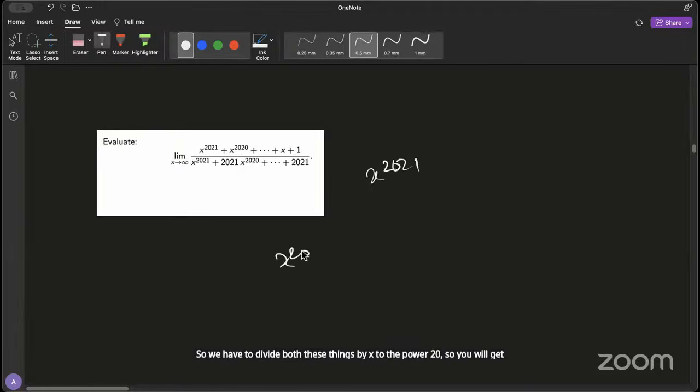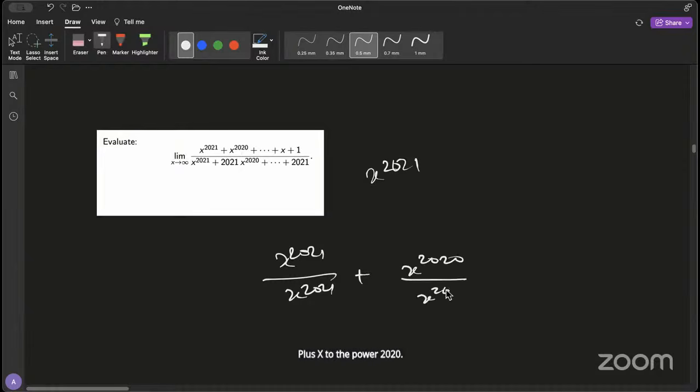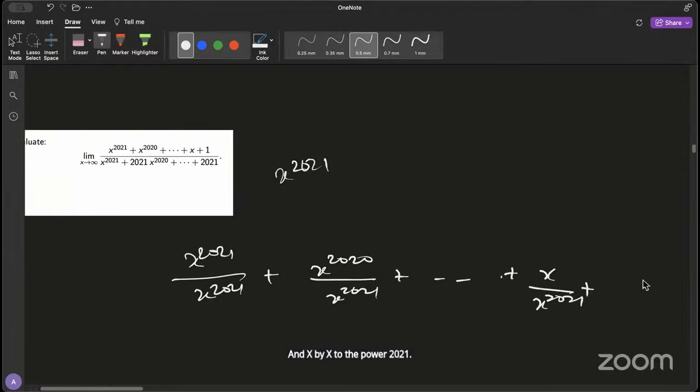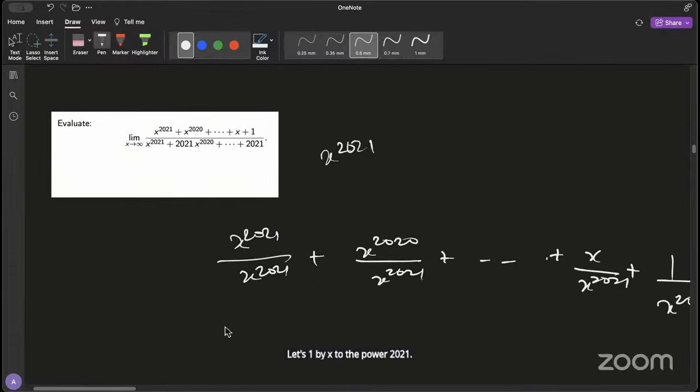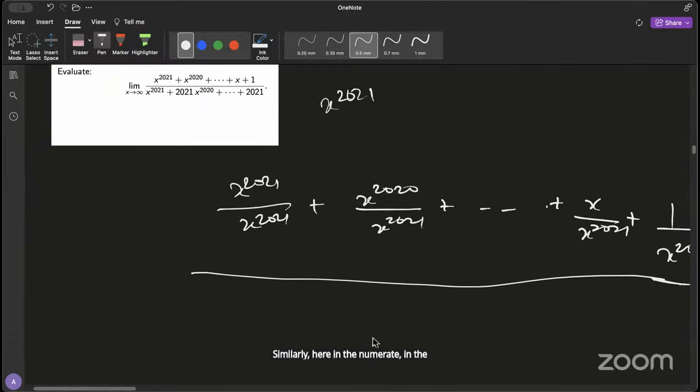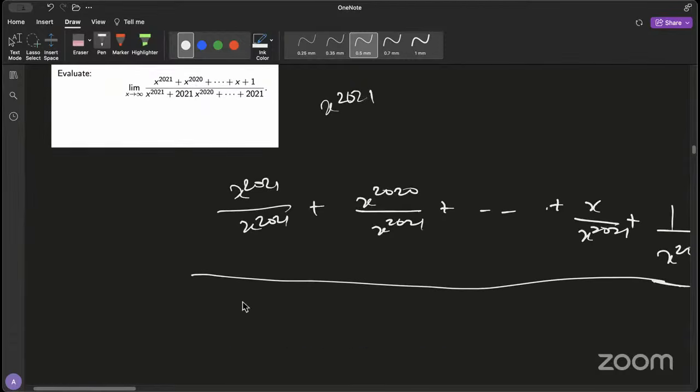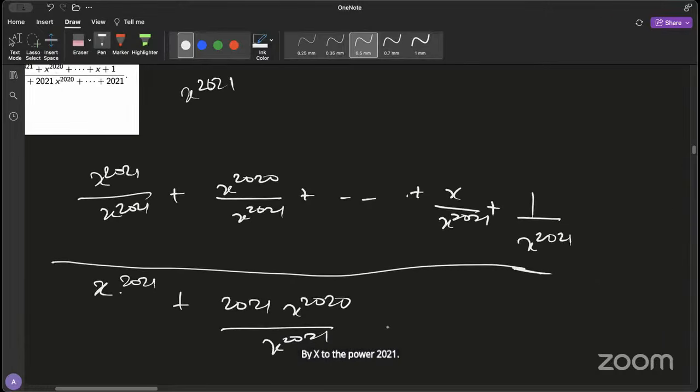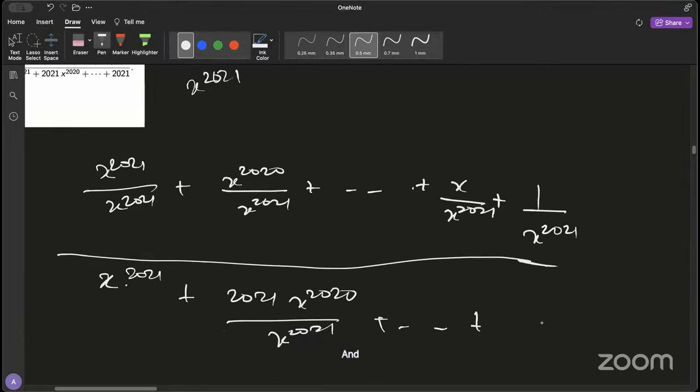You will get x^2021 by x^2021 plus x^2020 by x^2021 and x by x^2021 plus 1 by x^2021. Similarly, in the denominator, you will have x^2021 plus 2021 x^2020 by x^2021, and here you have 2021 divided by x^2021.